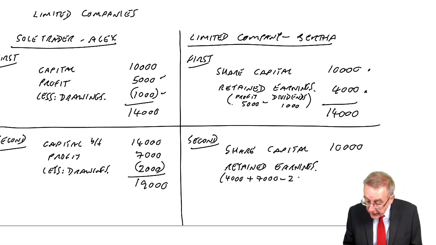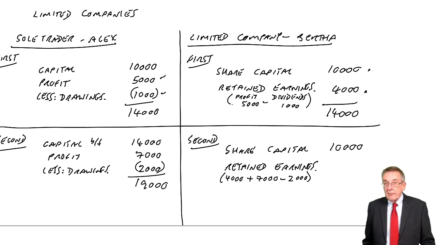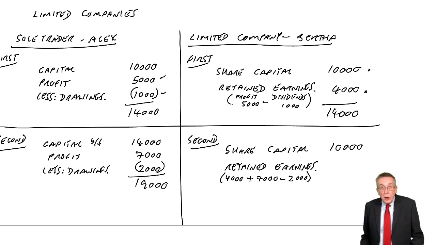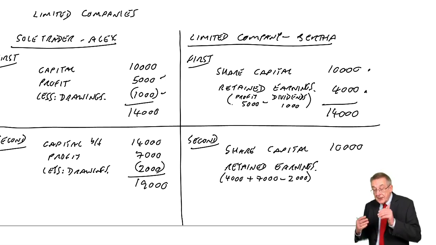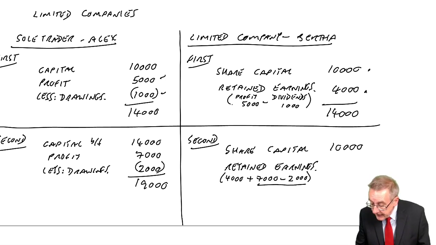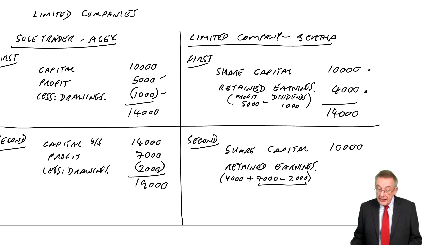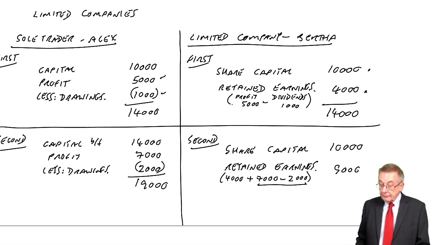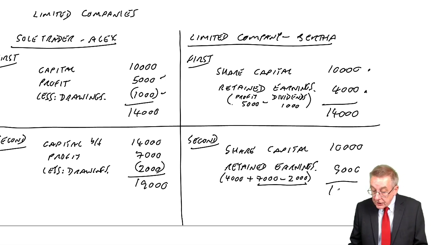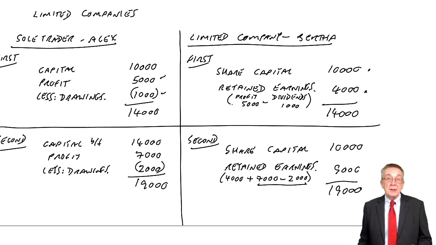The dividend, 2,000. And so the total retained earnings now, the 4,000 we had plus another 5,000 retained this year, a total of 9,000.